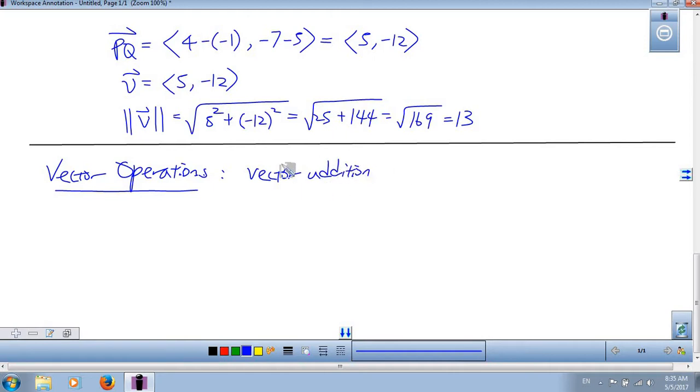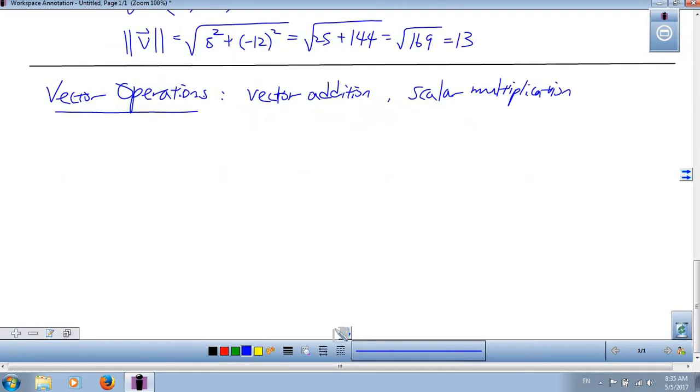Addition and subtraction go together, because we'll talk about vector addition and the scalar multiplication. Let's see if we can get through these two topics today.